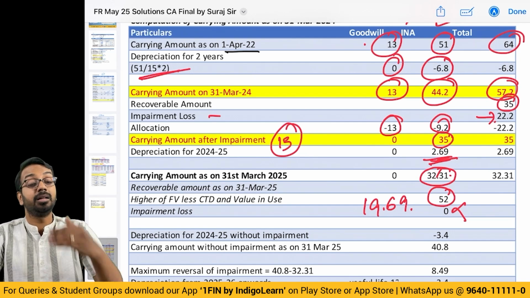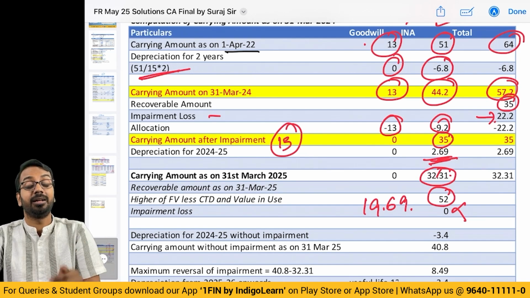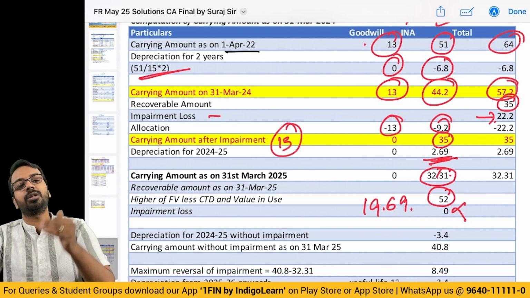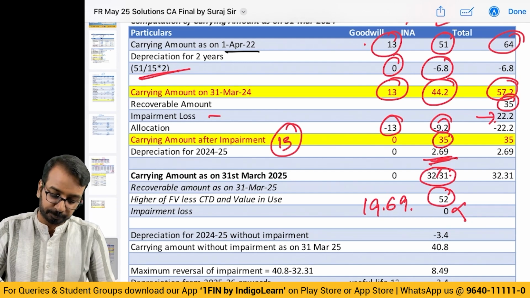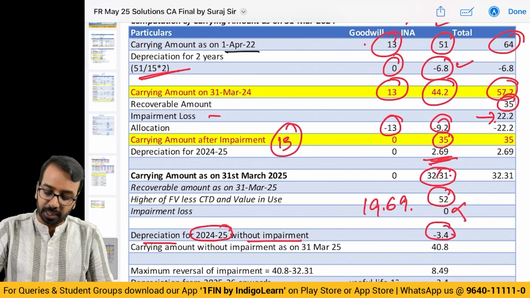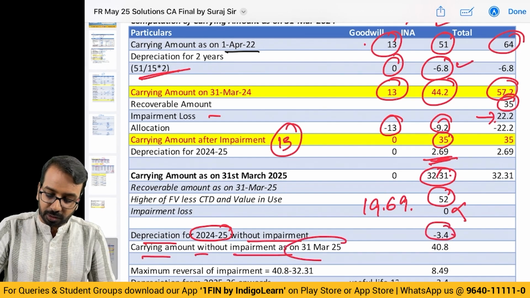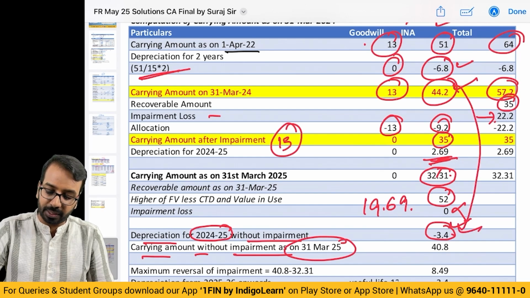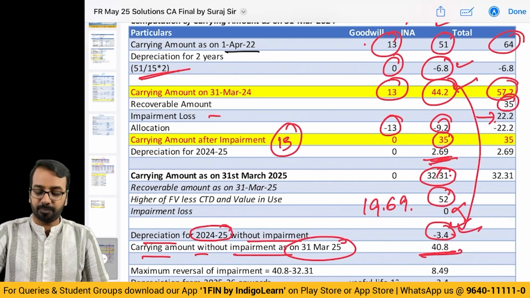But we know that reversal should not exceed the carrying amount after calculating depreciation without considering impairment. So depreciation for 24-25 without impairment is 3.4. 6.8 for 2 years, 3.4. Carrying amount without impairment on 31st March, basically 44.2 minus 3.4, we get 40.8.